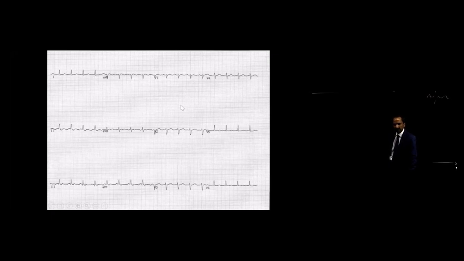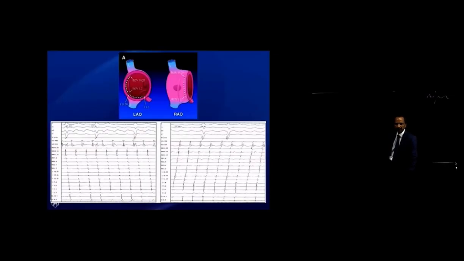Palpitation was the main symptom, very active person, and definitely looks like cavotricuspid isthmus. What do I mean by that? When our eye looks at this flutter wave, the terminal portion, when we line up, it looks positive in V1. Terminal positive in V1 when we line up with what looks like a sawtooth or continuous flutter wave.